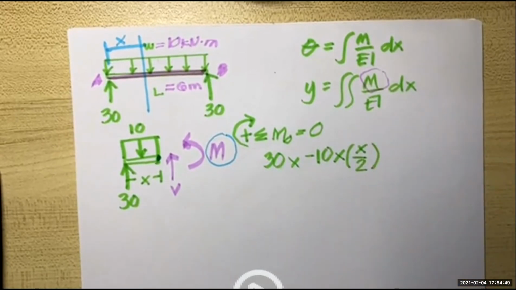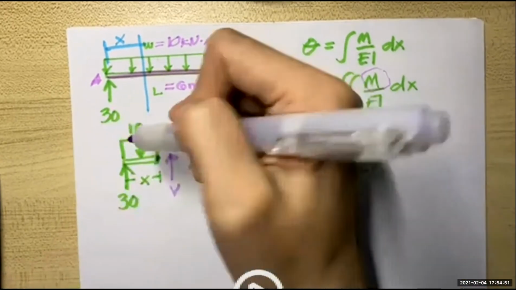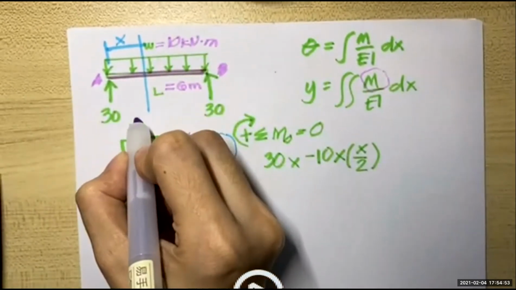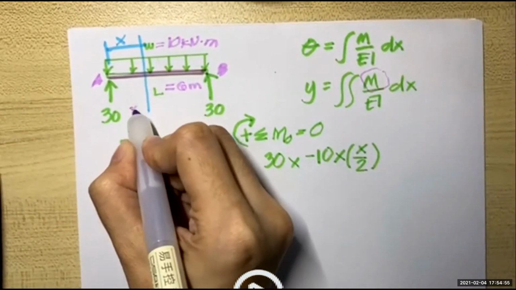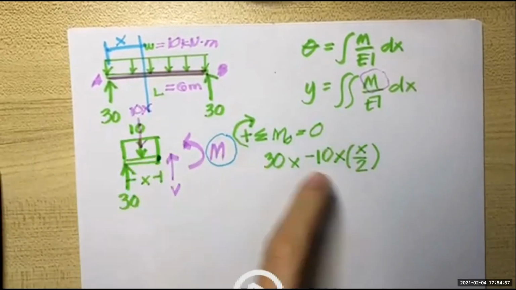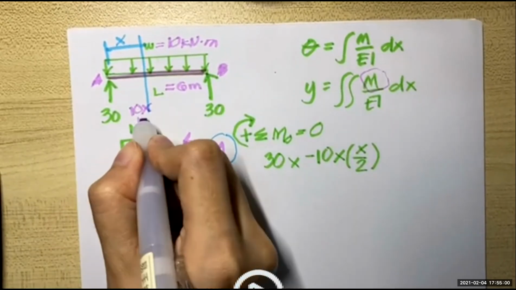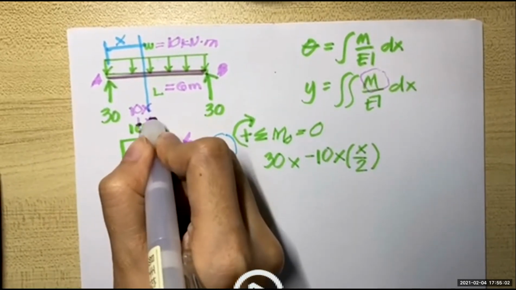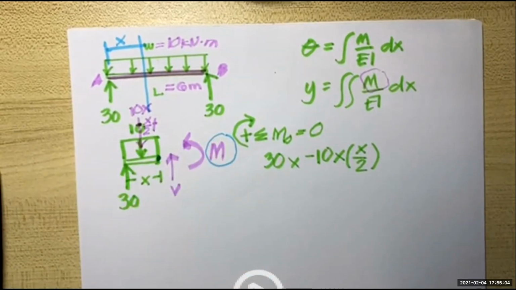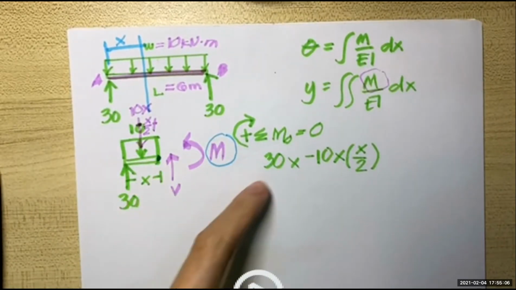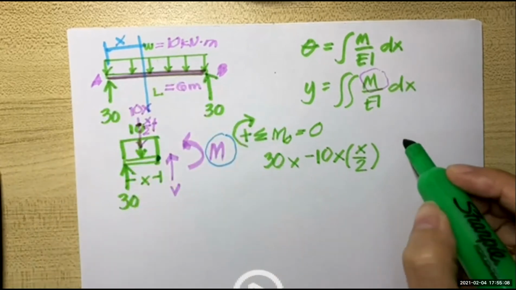Di ba? Pakita ko lang kung ano nangyari. 10, magiging siyang concentrated load, di ba? Gawin mong 10x. Ito na siya, 10x times the moment arm, x over 2. Kasi kalahati ng x. So, yun. And then you have your moment, which is counterclockwise, so negative m.